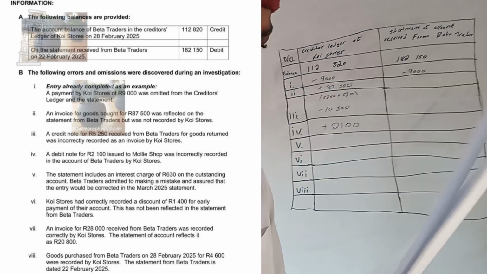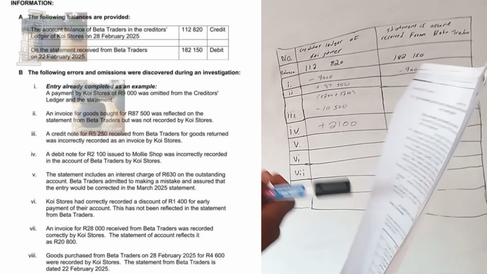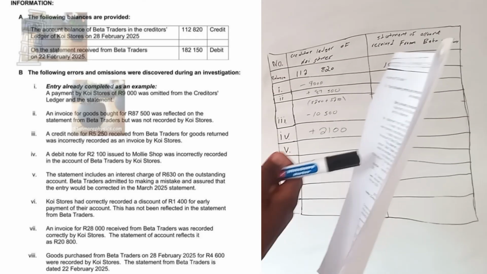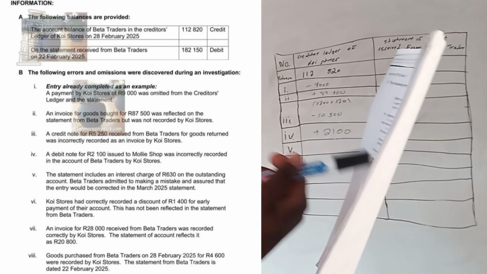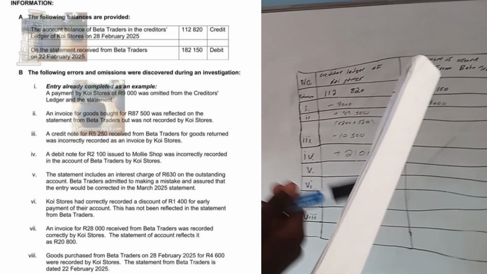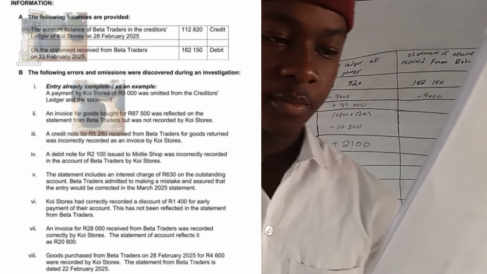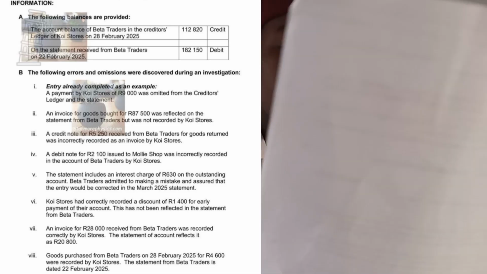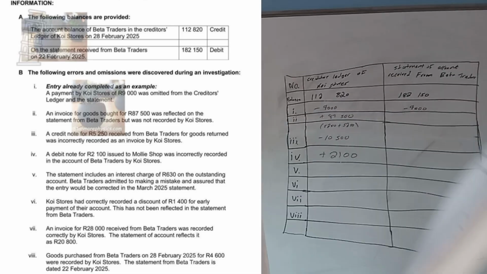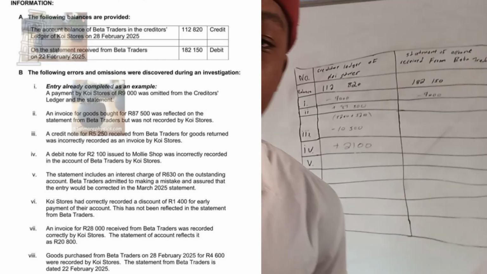Roman numeral 5. The statement includes an interest charge of 630 on the outstanding account. Beta Traders admitted to making a mistake and assured that the entry will be corrected in the March 2025 statement. Okay, guys, so here, Beta Traders charged us interest of 630 for our outstanding account, for the money that we have to pay them.